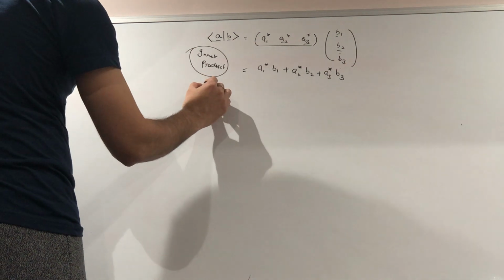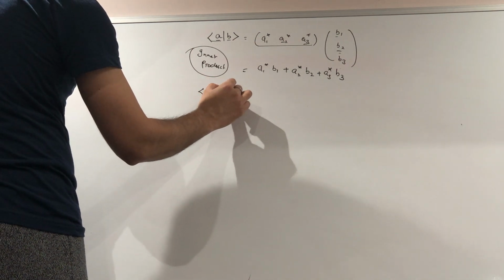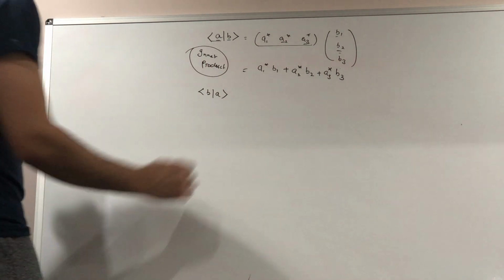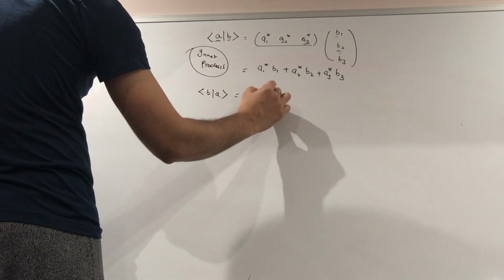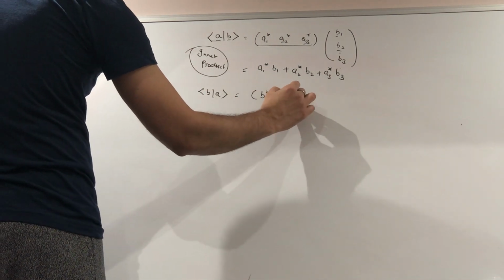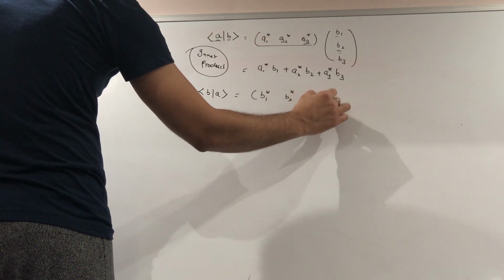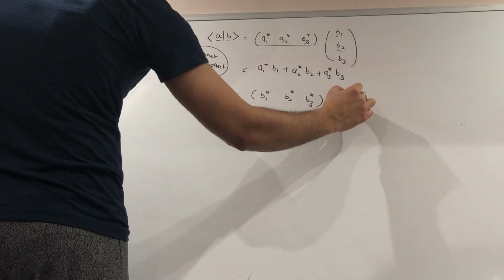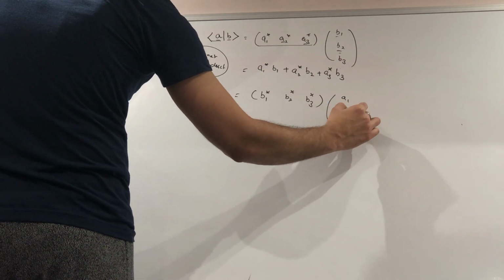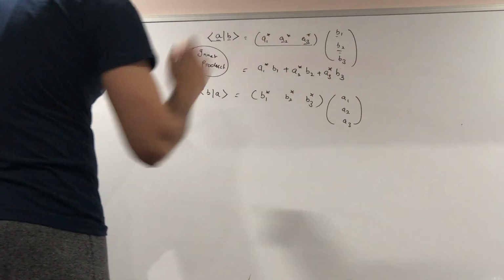Now similarly, I can find B inner product A. How will I do that? I will be writing the elements of B like this, right? And then ket A will be written as this.